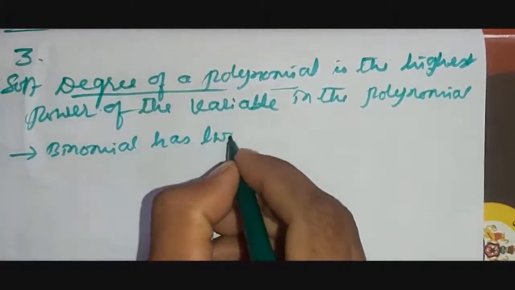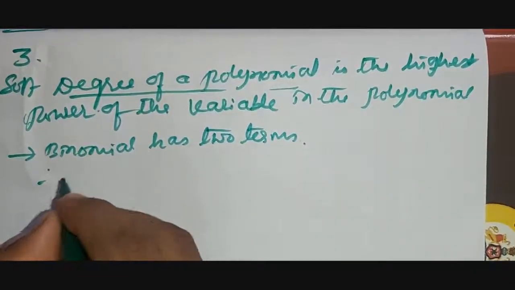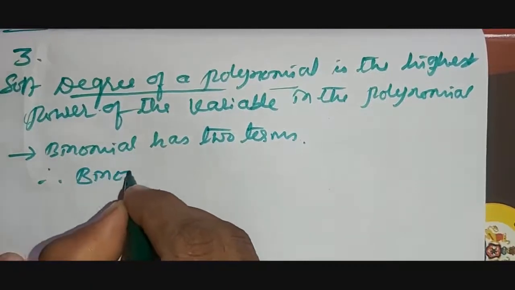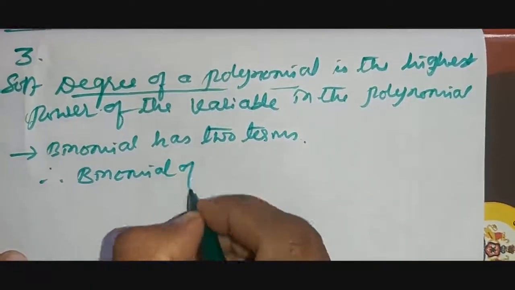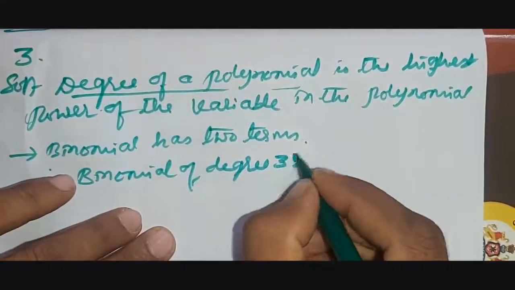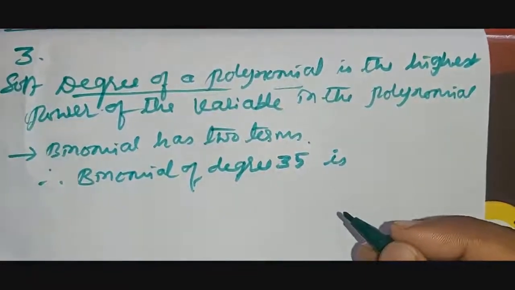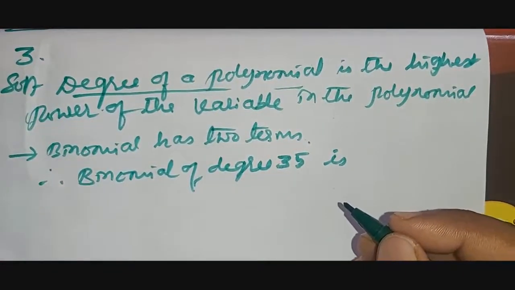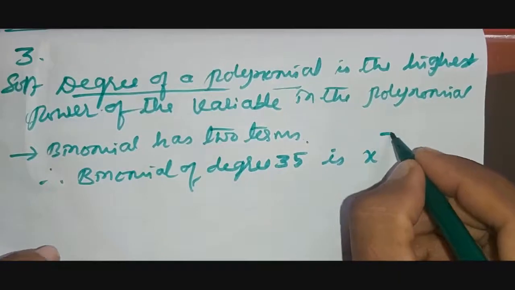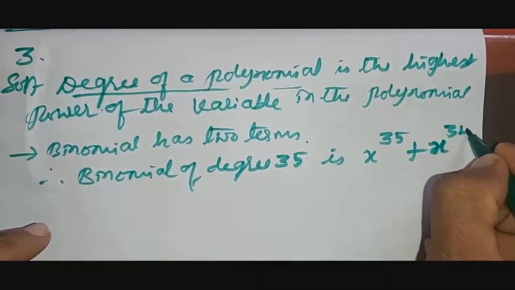Therefore, a binomial of degree 35 can be written as x to the power of 35 plus x to the power of 34, highest power only.